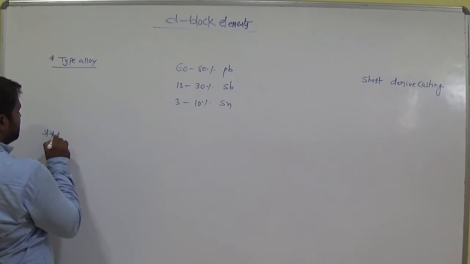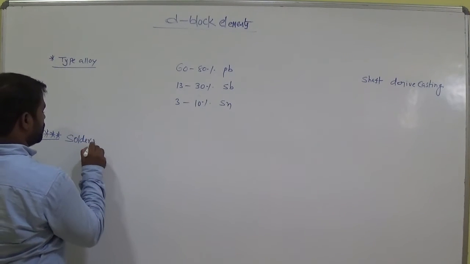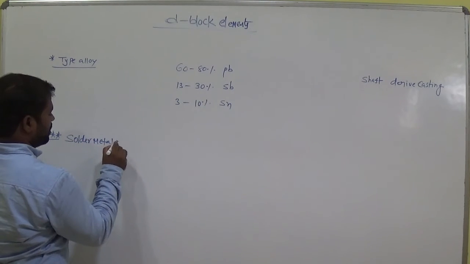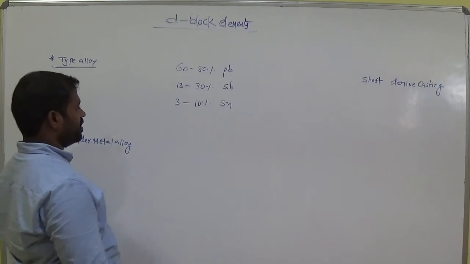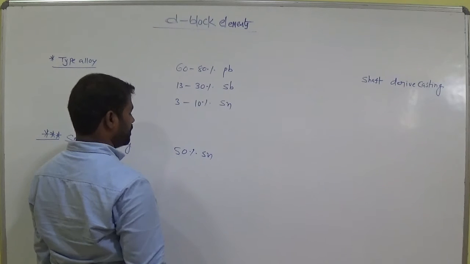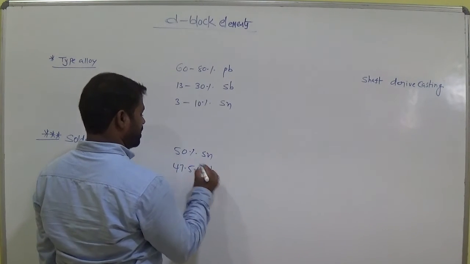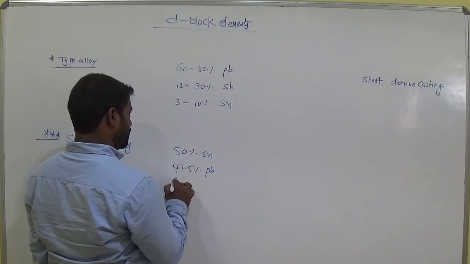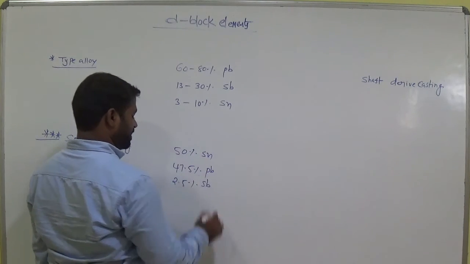And the next one is solder metal alloy, an important one. It consists of 50% of stannum, 47.5% of lead and 2.5% of stibium, Sb.